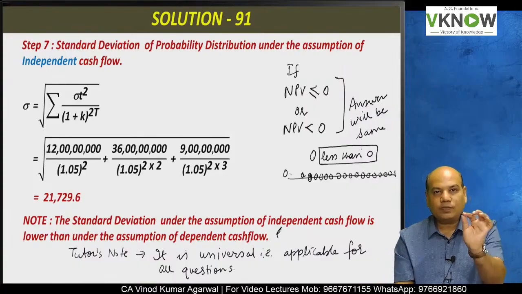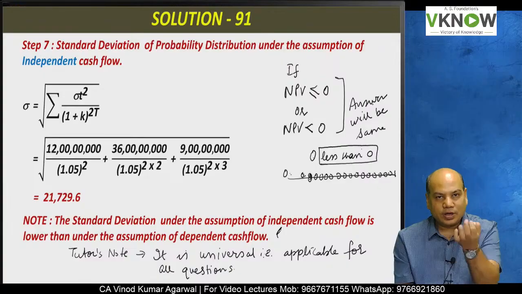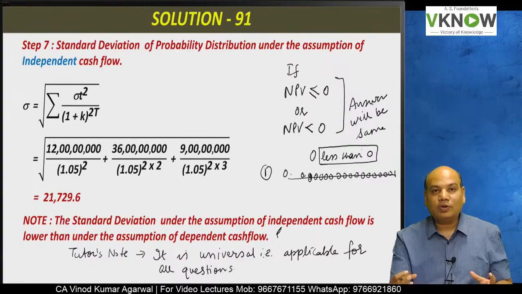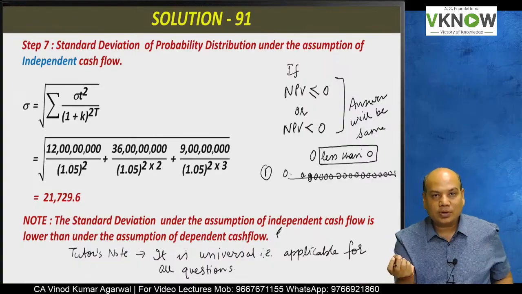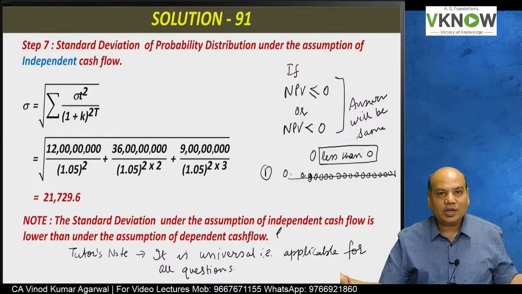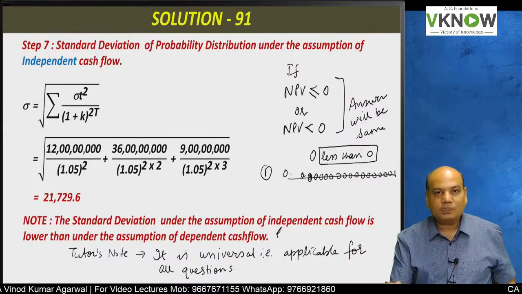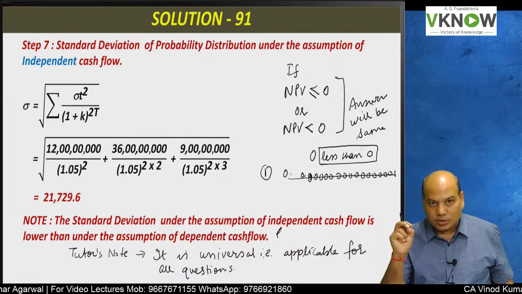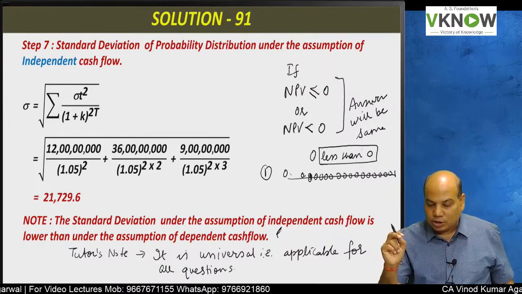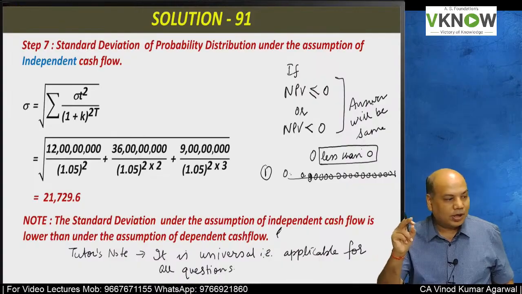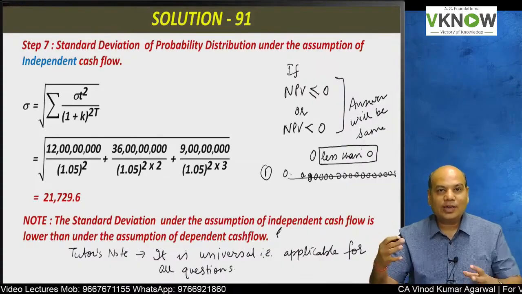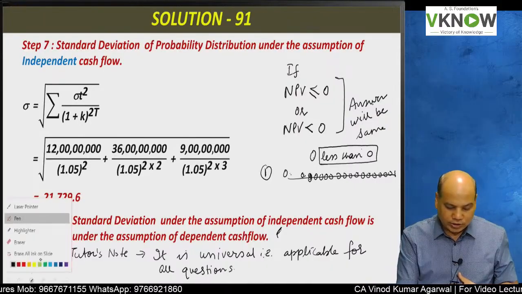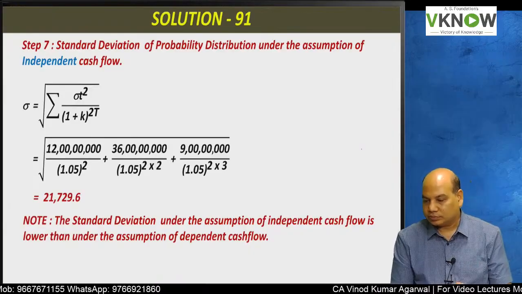The probability of one individual number, one single number, let us say we have to find probability that NPV will be 1, just one number out of infinite possibility. In that case the probability becomes 0. Is it right? So therefore the difference between the probability of NPV less than 0, NPV less than equal to 0, that difference is 0. So answer is going to be same. So don't overstretch. Is it right?